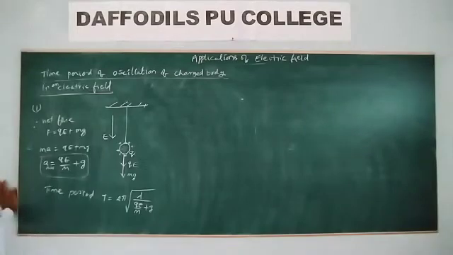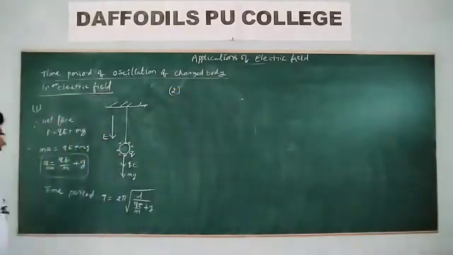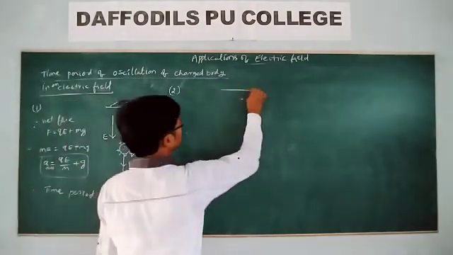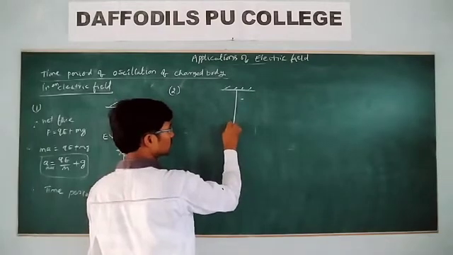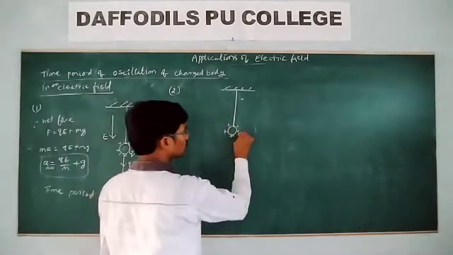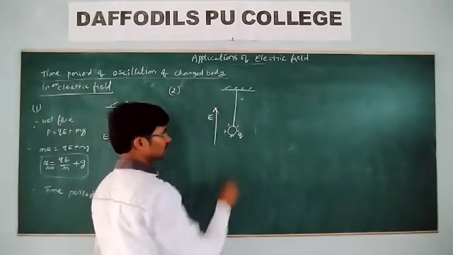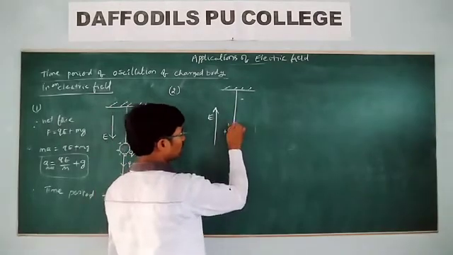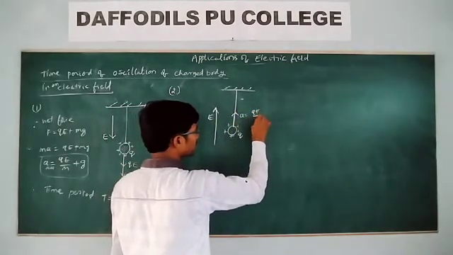But if the electric field is applied in the upward direction on the positively charged particle Q, and the electric field is in the upward direction, now you can observe the acceleration due to the electric field is a equal to QE by m.